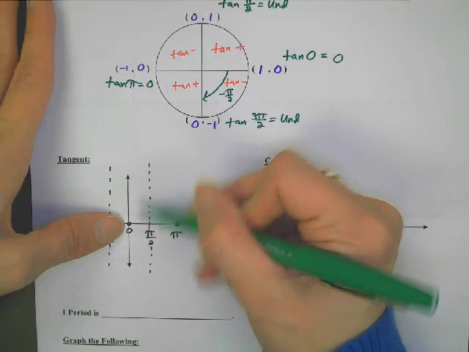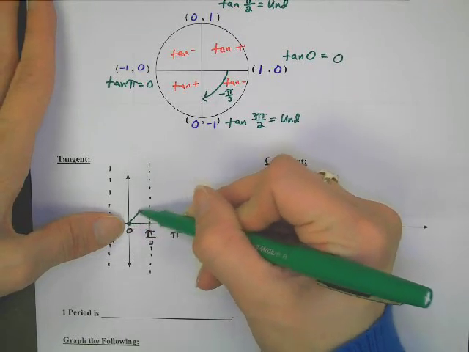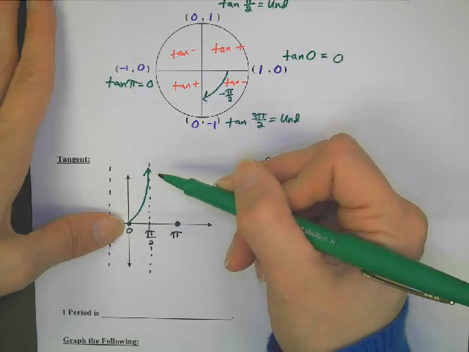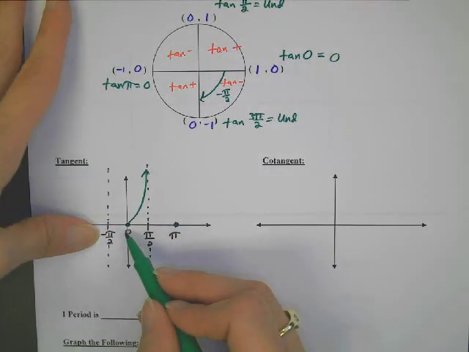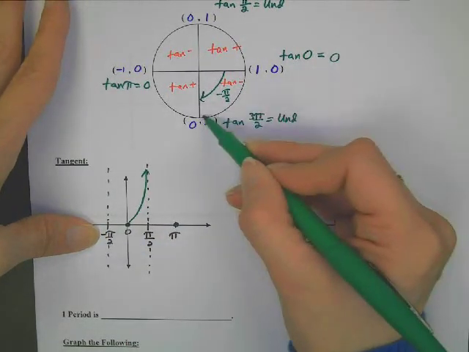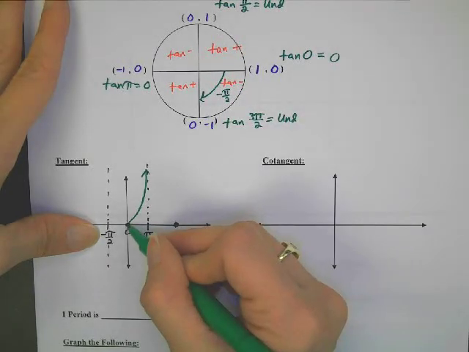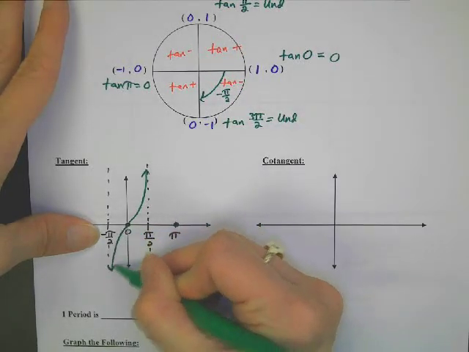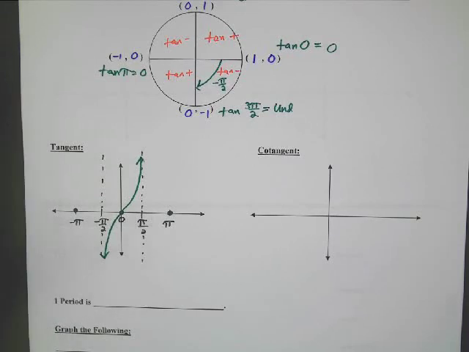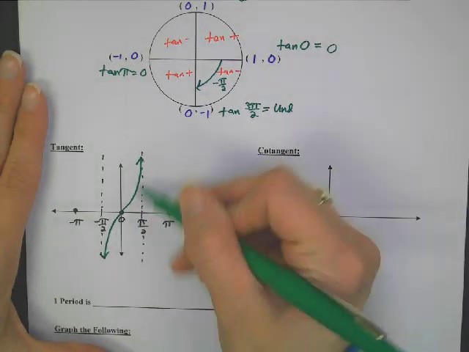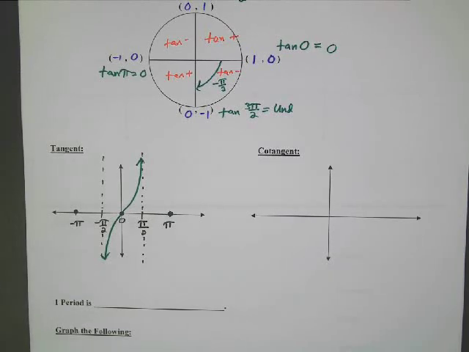We have to go up, up, up, up, approach the asymptote. What about 0 to negative pi over 2? Tangent's negative, so we're going to go down, down, down, approach the asymptote. It kind of reminds me of the cubic function, x cubed. This right here is one period of tangent.